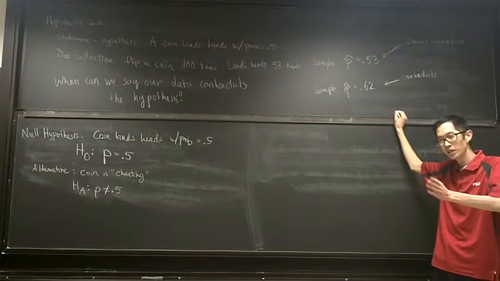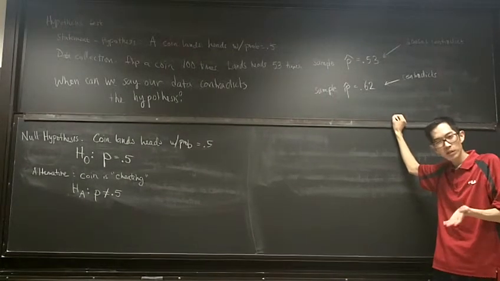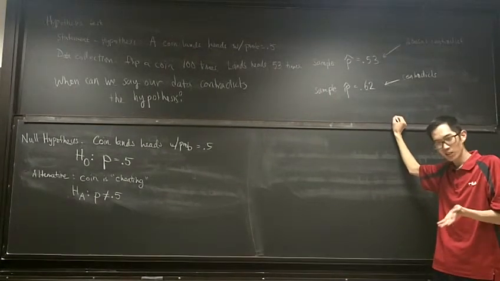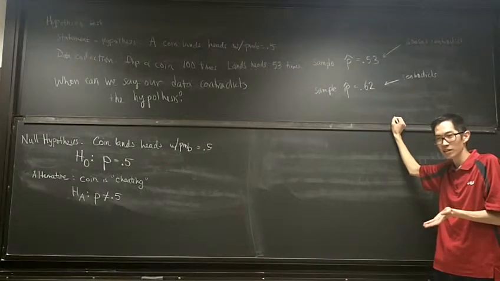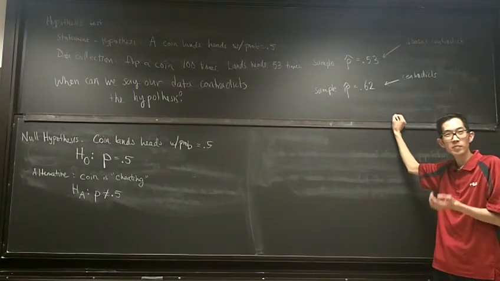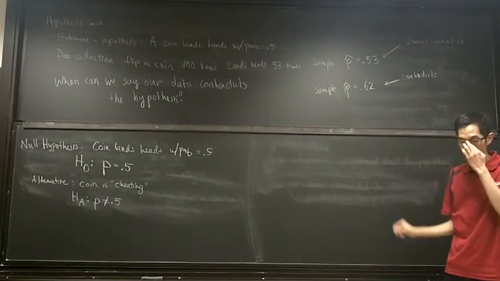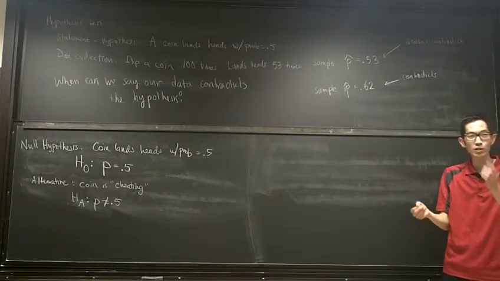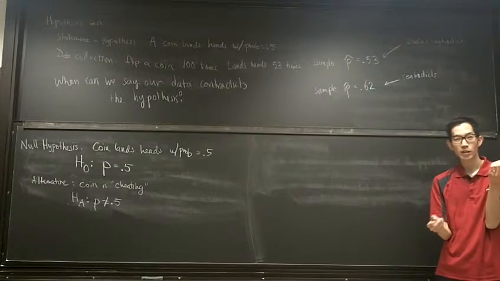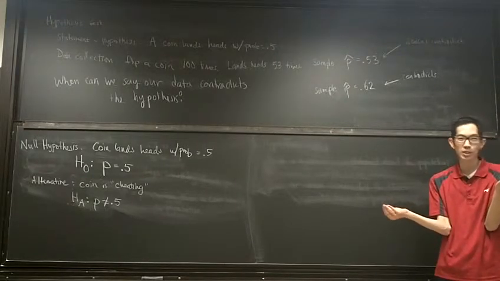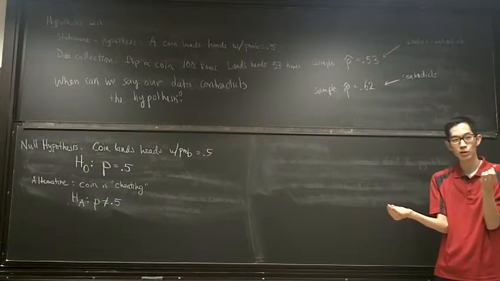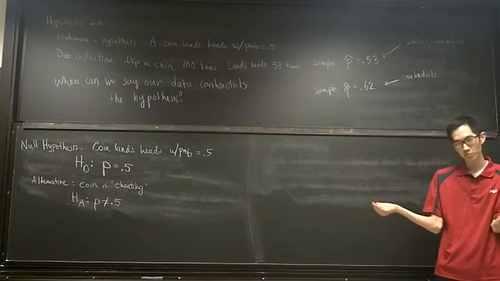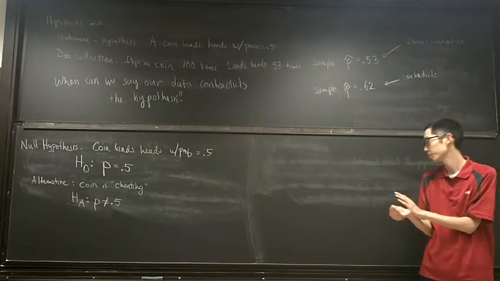I don't know what's going on, but 62, that seems like it landed heads too many times. Something doesn't seem quite right. Okay, so at this point, you have two options. You can either believe the coin is fair and that I just happen to get really lucky and get 62 heads, or maybe the coin is cheating somehow.